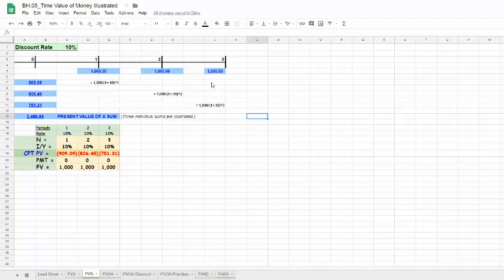And finally, for the $1,000 that you would receive in 3 years, divide it by 1.1 taken to the third power, and that would result in you paying $751.31 today. $751.31 invested today at 10% would accumulate to $1,000 in 3 years.